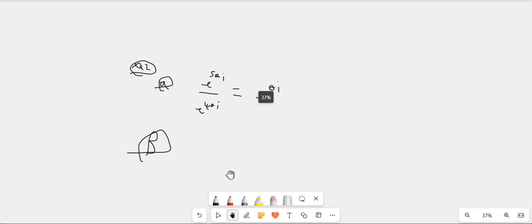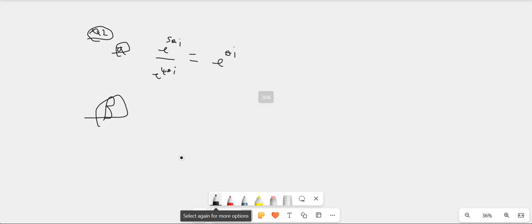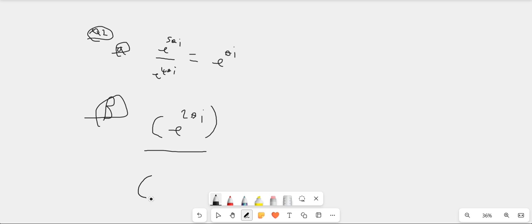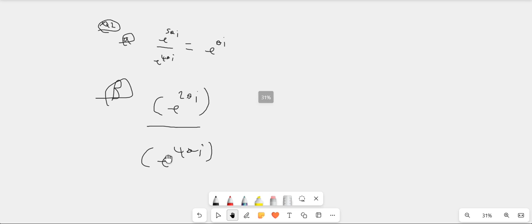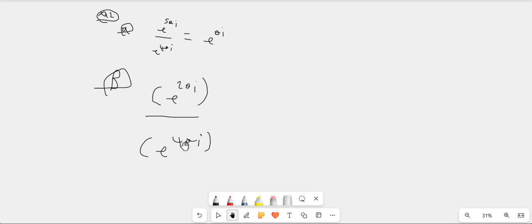B follows a similar format. What I mean by that is you change cos 2 theta plus i sin 2 theta to e to the power of 2 theta i, and then over e to the power of 4 theta i, which comes from cos 4 theta plus i sin 4 theta. That's the same as I explained last time. And what are the powers? It's 7 and 3 if you look at the question. So what can I do?